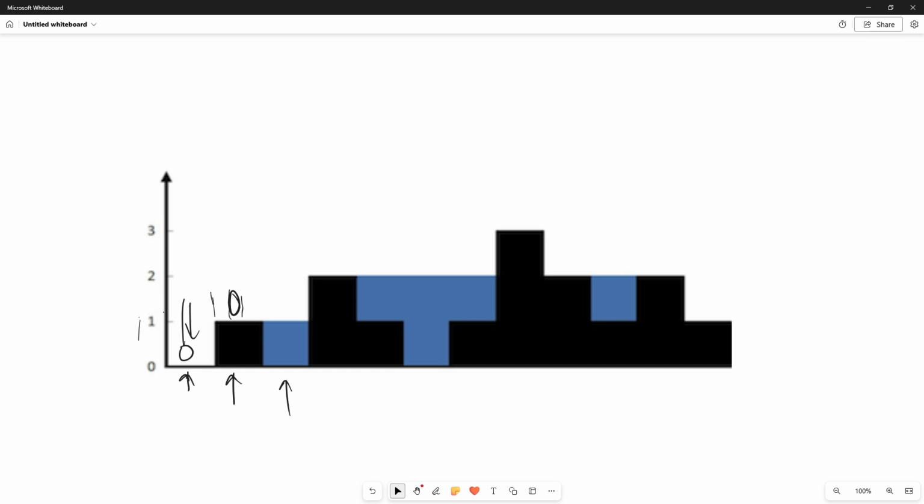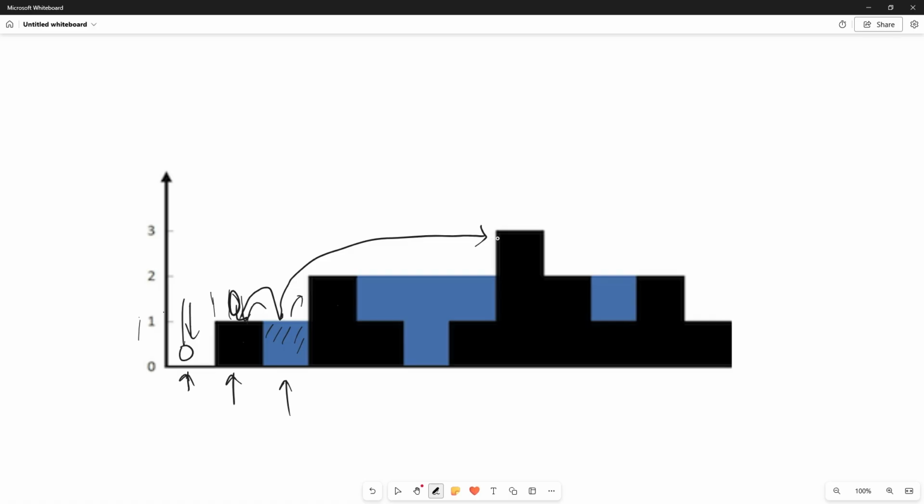Now at this position, we know that there is a bar to the left of it and there is a bar to the right of it. So any water that comes here will be collected between these two bars, and the amount of water collected here depends on the smaller bar. To the left of this bar there is a largest bar, and toward the right of it there is a largest bar, that is this bar.